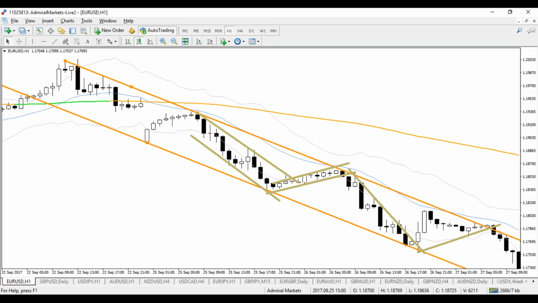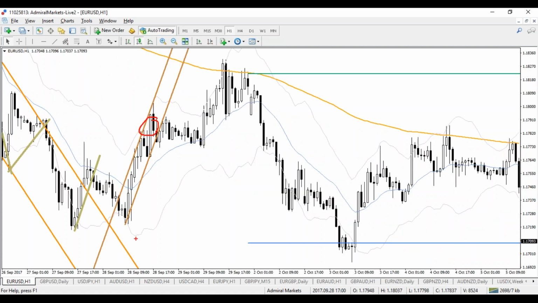All right, so with a channel, you want to have, as I said, a little bit of angle because this is not a trend channel. This is a channel, maybe on a 15-minute chart, and eventually price breaks out of it, right? And this momentum is over, but you can see later on it still continues.